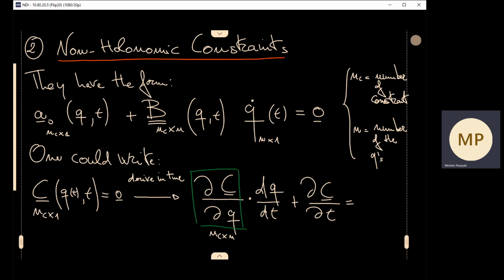Just for you to remember, whenever you have to derive a vector with respect to another vector, the one on top of the fraction gives the number of rows, and the one on the bottom gives the number of columns. And this is, of course, an n times 1 vector. So as you can see, dimensions come along together quite well. And this is again an nc times 1 vector. So dimensions are respected.